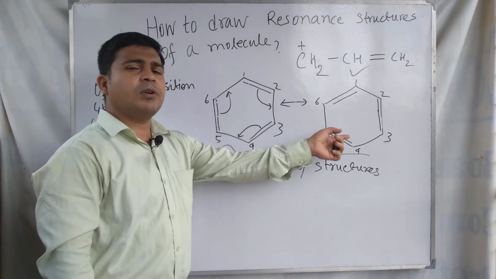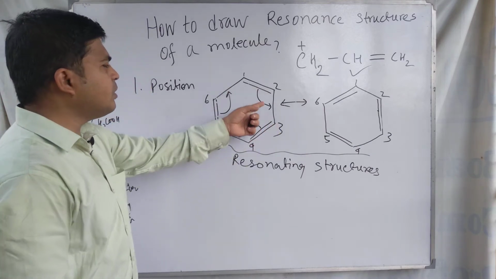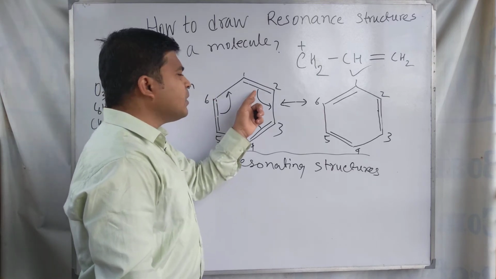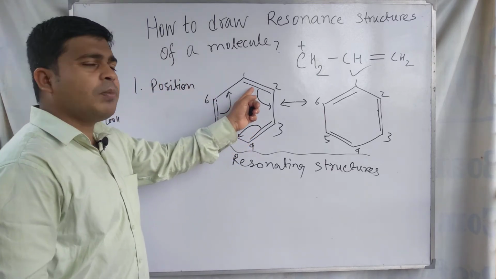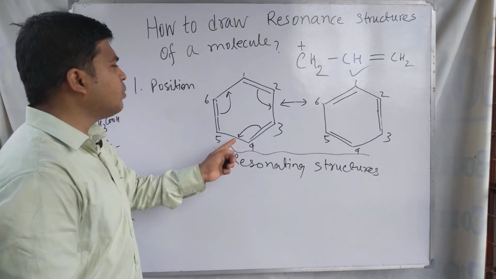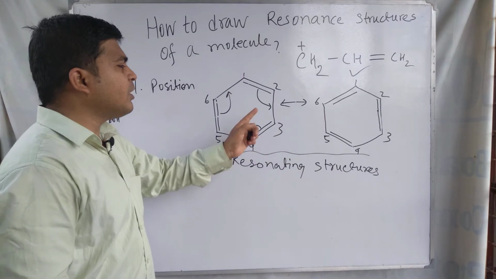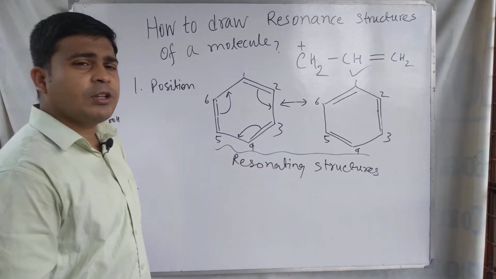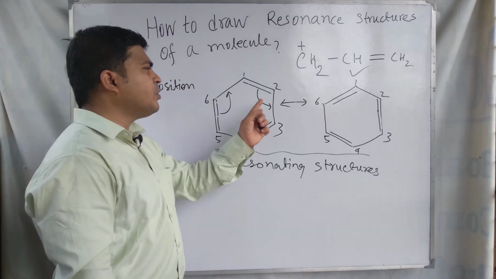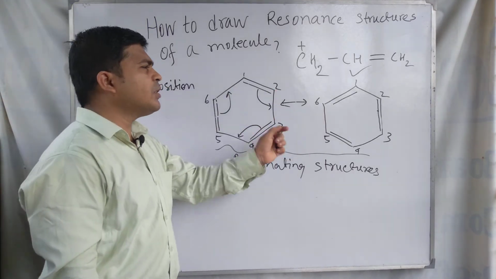Before and after making the resonance structure, the position of each atom must be the same. Only the delocalized bond can be shifted from one position to another, but the position of the atom does not change. So we cannot shift the position of an atom, we can shift the position of a bond in case of resonance.